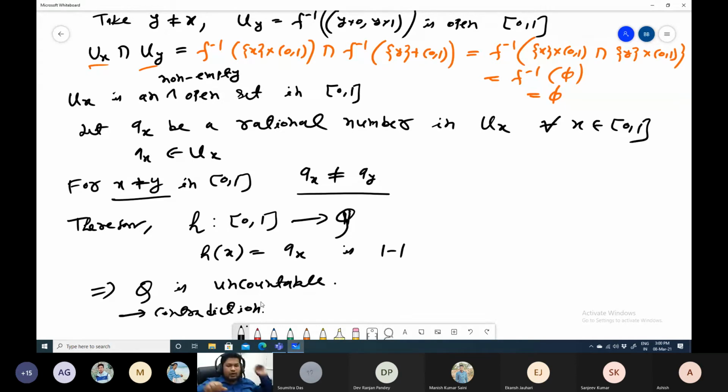So we assumed that the order square is path connected, and we get a contradiction. If the order square is path connected, then Q should be uncountable, which is not true. So therefore the order square cannot be path connected. Fine to everyone?